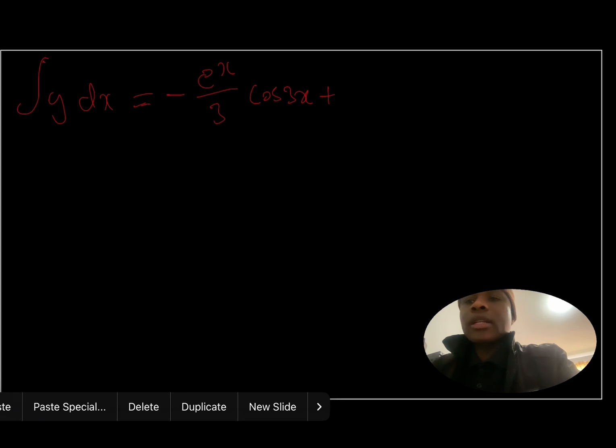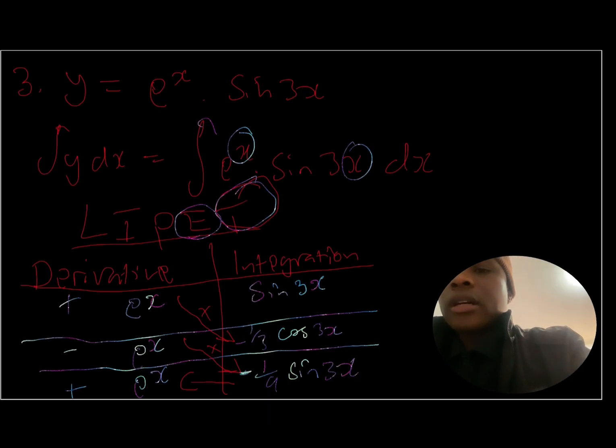Therefore, we add it: negative 1 over 3 cos 3x, plus e to the x times negative 1 over 9. Negative times negative will be positive, remember? Therefore, e to the exponent x times 1 over 9 sine 3x.